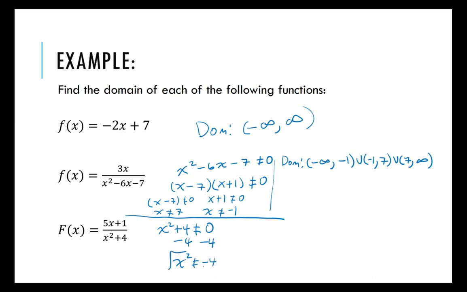But then you can try to take the square root of it, but right now when we talk about taking the square root of a negative, that's not a real number. And since that's not a real number, I know that that's actually not a problem because there's never a situation where the denominator here will be 0. And so since this is not a problem, this is then going to be all real numbers. There's no domain restrictions for this one. And so the domain for this one is from negative infinity to positive infinity.